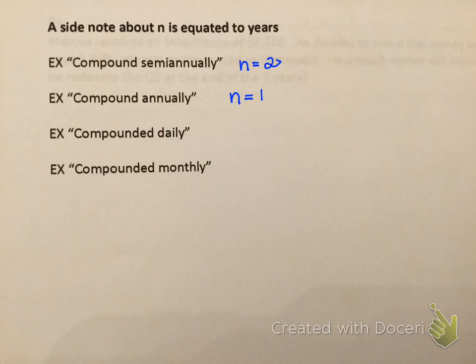Compounded daily, we're not going to use 365. We're going to use the value of 360. So that's what the banking institutions usually use. So N equals 360. And compounded monthly, there's 12 months in a year, so N equals 12. So there's some examples of what you may run into, and that's how you would write them up. So remember, N means how many times it is compounded per year.